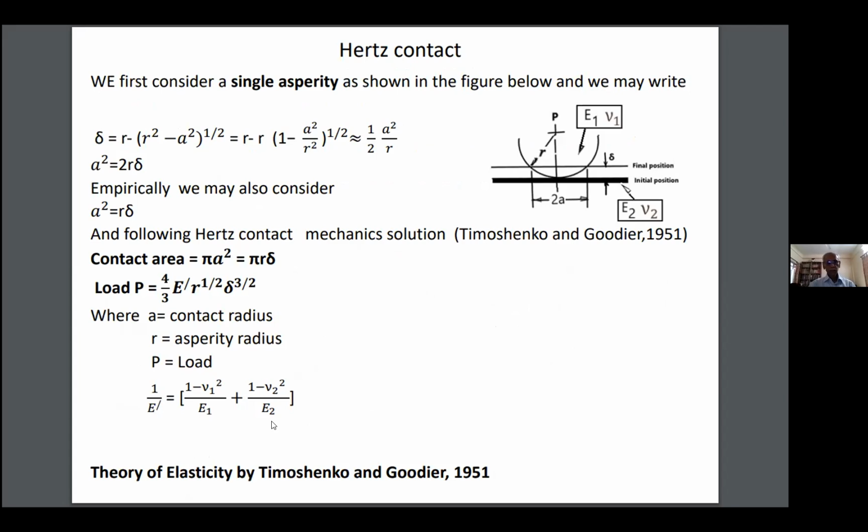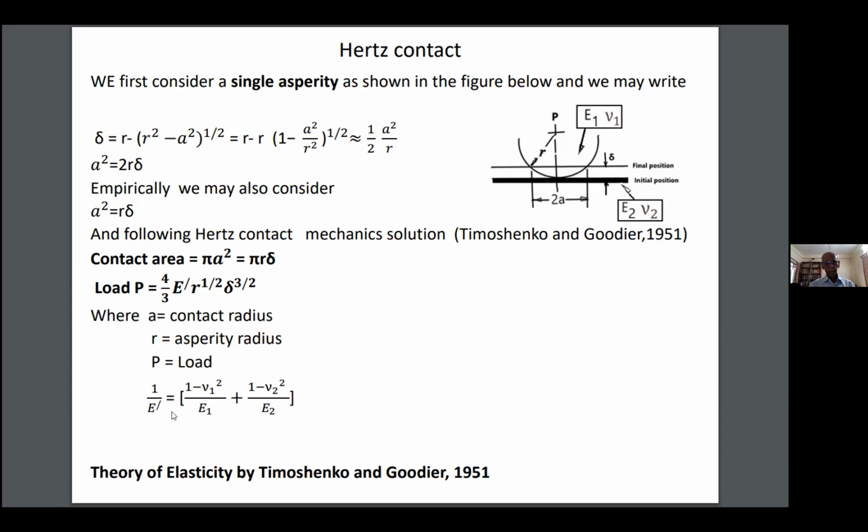Okay, so we'll go ahead with this. We have one deformable asperity in contact with a rigid body, and the deformation of the asperity gives a circular contact with radius A, whose contact area is given by pi r delta, delta being the deformation.